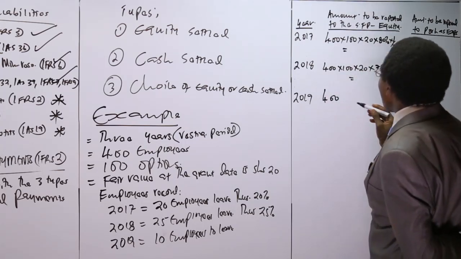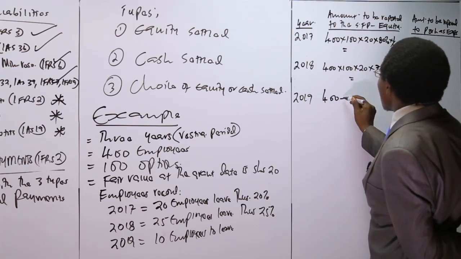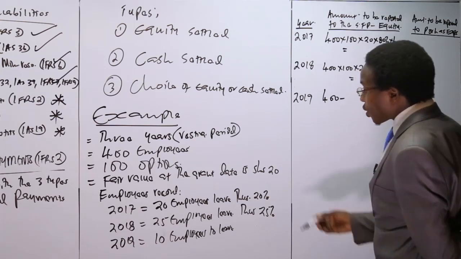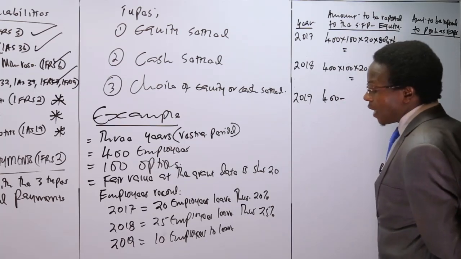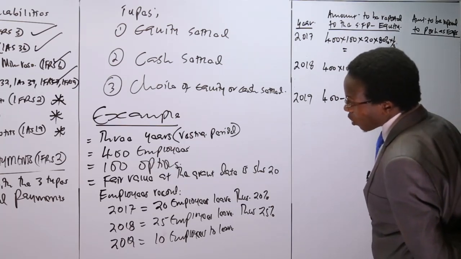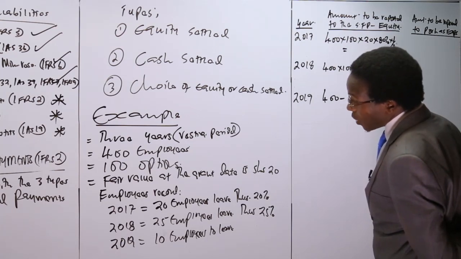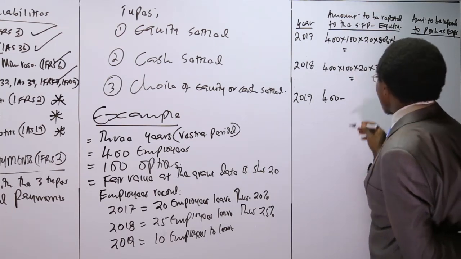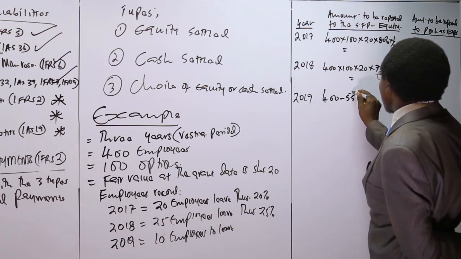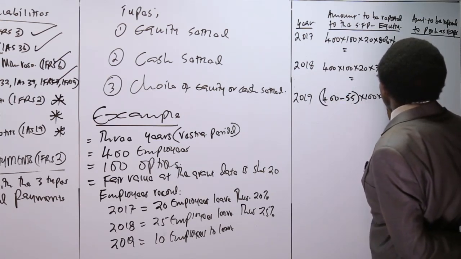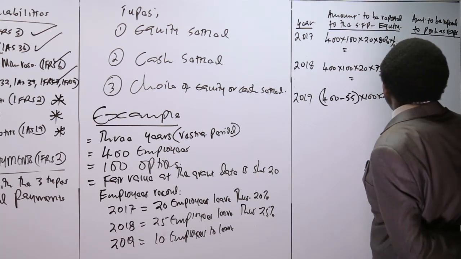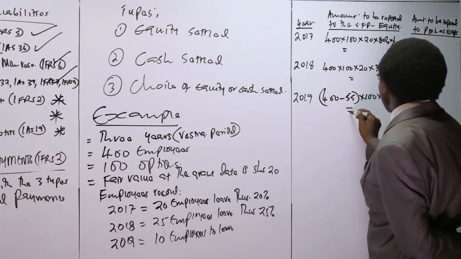And of these 400, 20 must have left in the first year, 25 must have left in the second year, 10 must have left. So the total comes to 20, 45, 55. So we subtract 55. We multiply by 100. We multiply by 20. Then now 3/3.